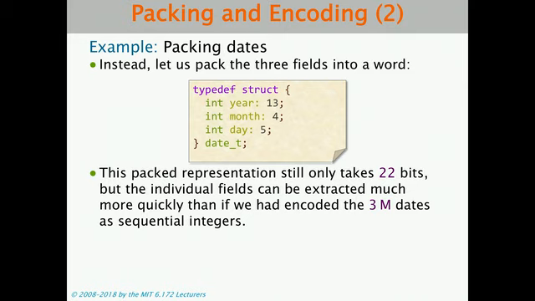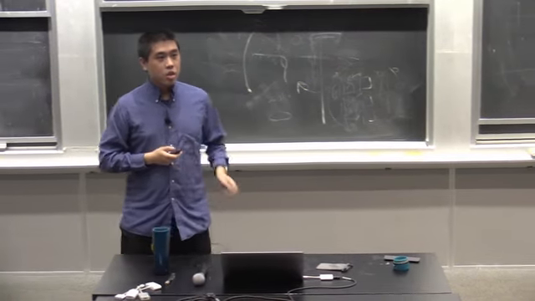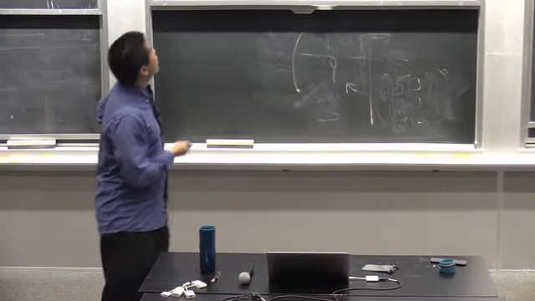But now the individual fields can be accessed much more quickly than if we had just encoded the 3 million dates using sequential integers. Because now you can extract a month just by saying whatever you named your struct, dot month, and that gives you the month. Yes? Does C actually store it like that? Because I know in C++ it makes it byte-aligned so that you end up taking up more space.